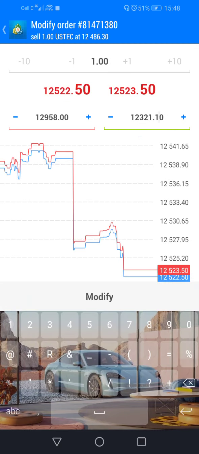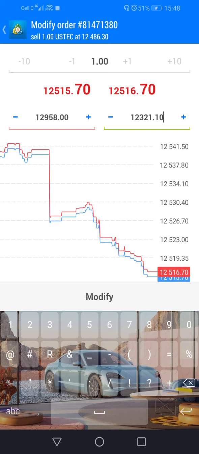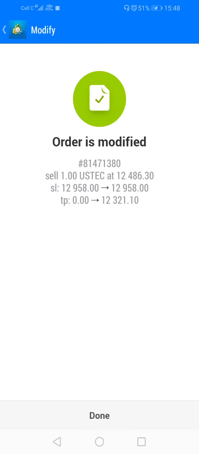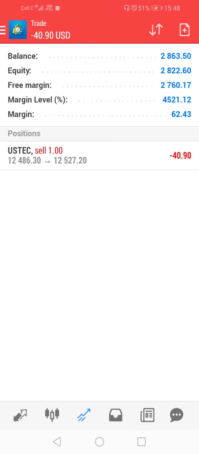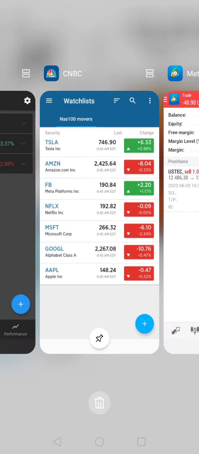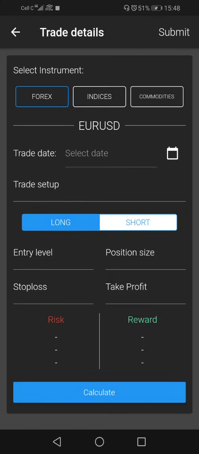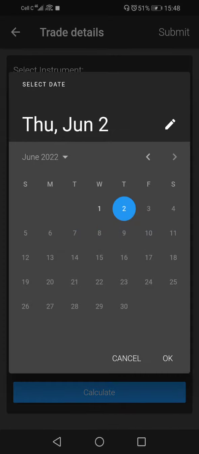So guys, normally I would write this down, but obviously my hands are busy here on the screen. In future we're probably going to use both my laptop and this. So now I just open this, then go back to my journal app and log this trade. That's all I do. Indices, Nasdaq, set the date.